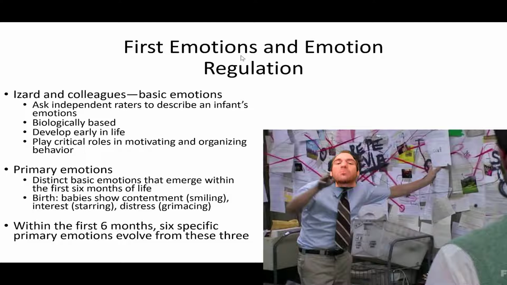And as stated, out of those 3 primary emotions, 6 specific primary emotions grow out of the original 3 emotions, which are contentment, interest, and distress.